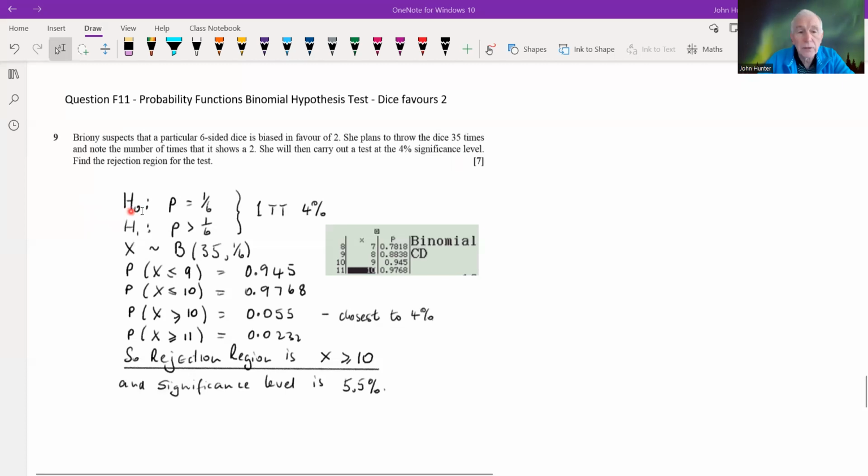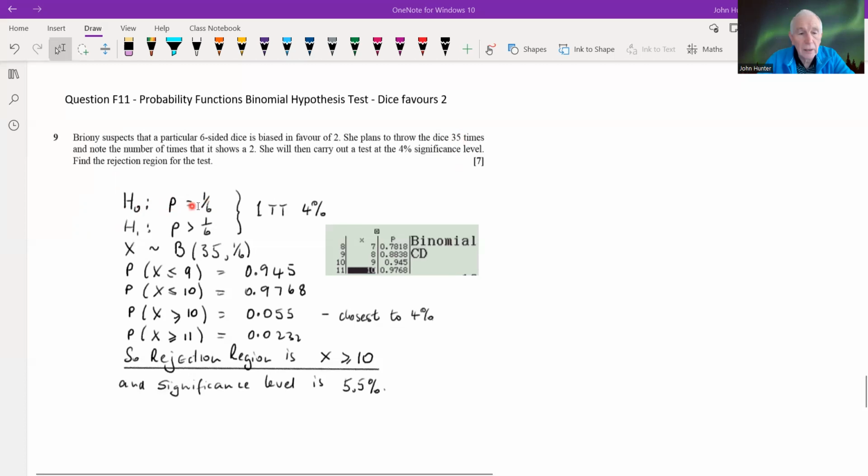So our null hypothesis would be that the probability of a 2 is 1/6. Our random variable here would be the number of 2s thrown in a set of 35.